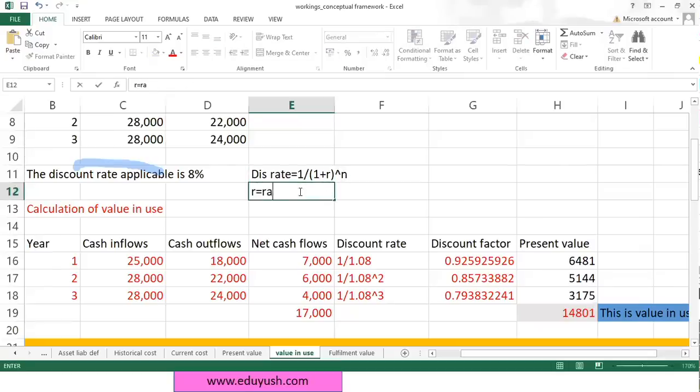R is the rate of interest, which is 8%, which I must always say as 8 upon 100, which is always taken as 0.08. When I write R in my formula, I have to refer to it as 0.08. So 1 plus R means 1.08. And raised to n, where n is the number of years.